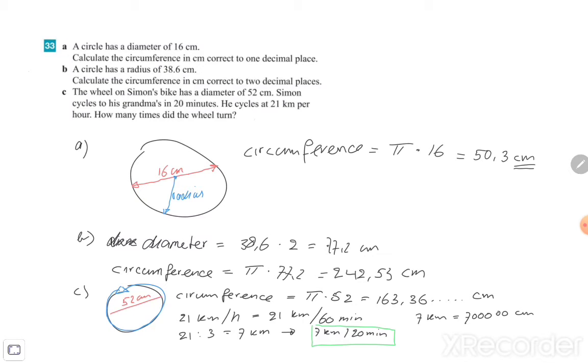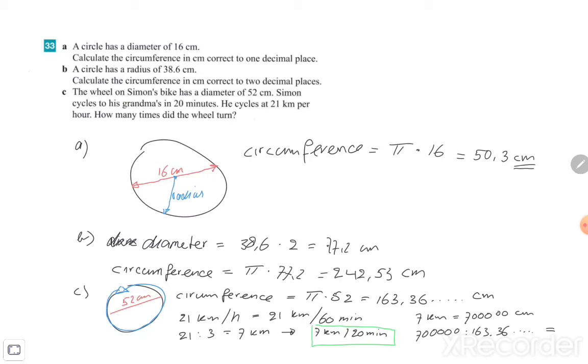Which means if I want to know how many times the wheel will turn, we need to divide the 700,000 by the 163,36 unrounded, please. And then we know how many times the wheel will turn.